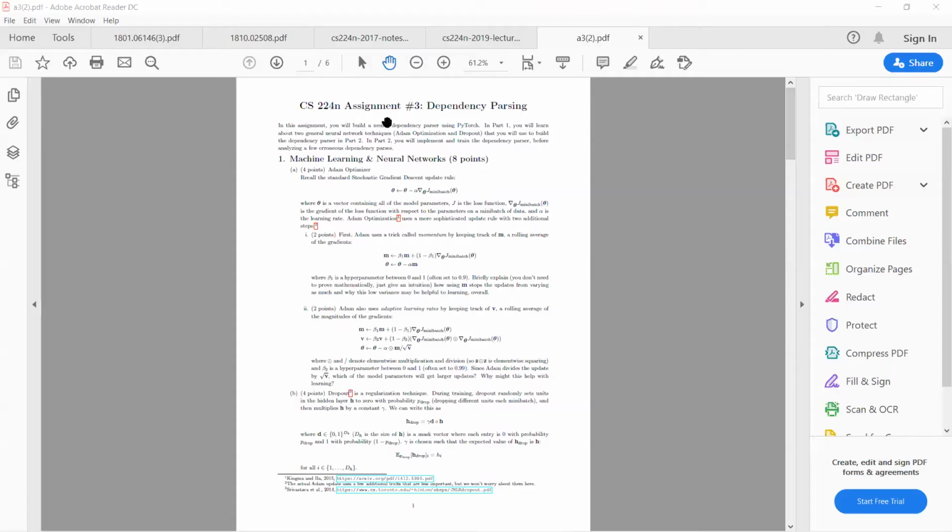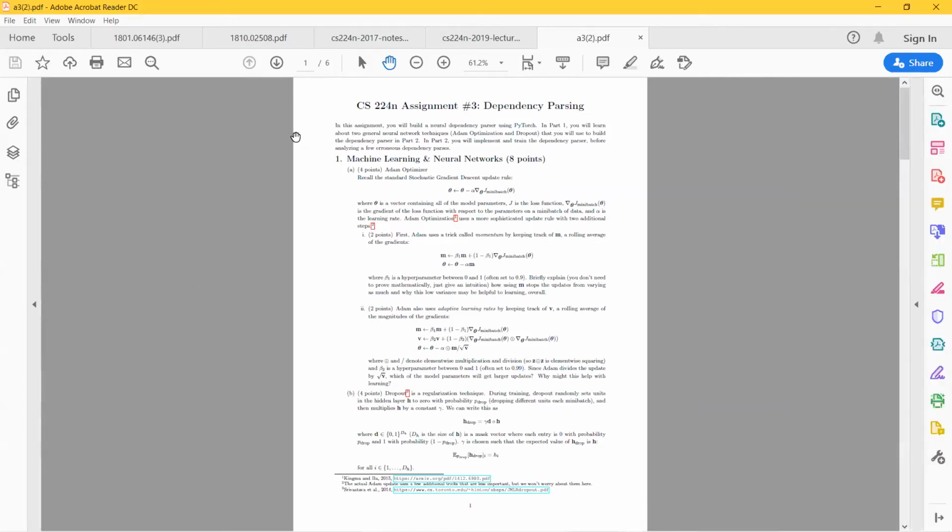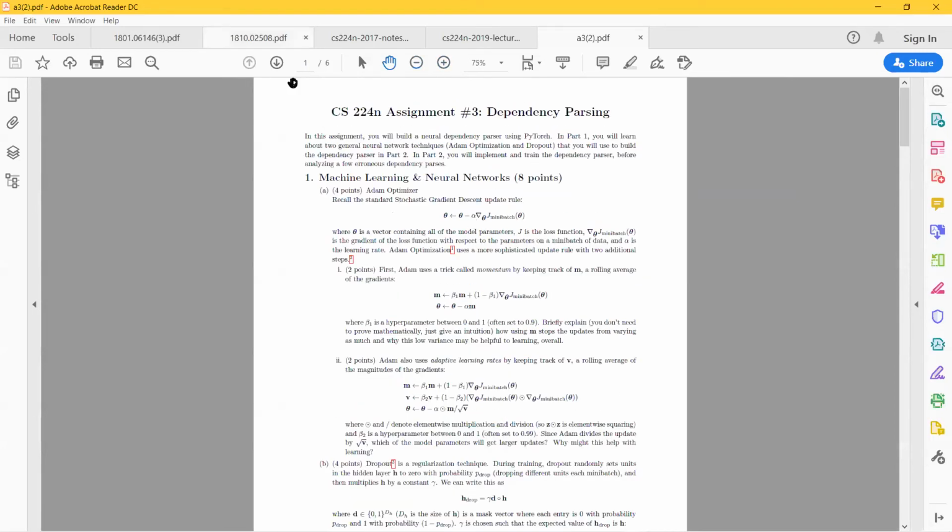Okay, now I'm going to share it. There it is. You seeing the handout? Dependency parsing? Yep. So it's on the next page. I'm going to let you talk through this, so you just tell me where you want to go, and I'll go there. Okay, so we're on page 2, right?